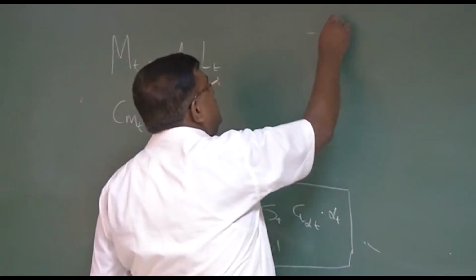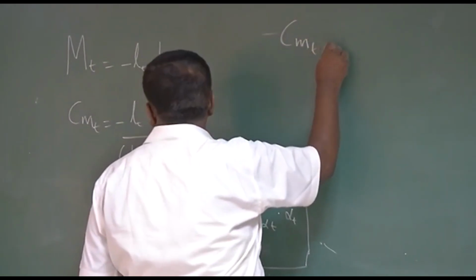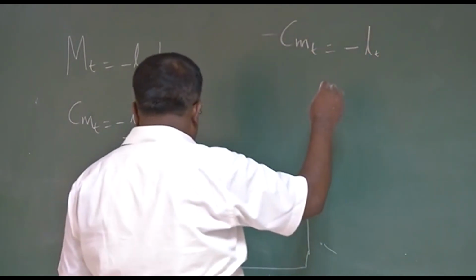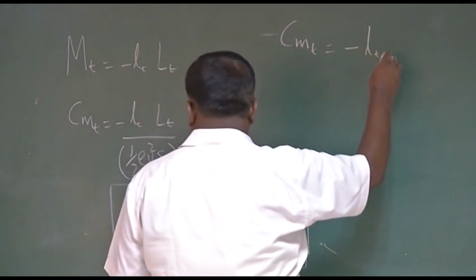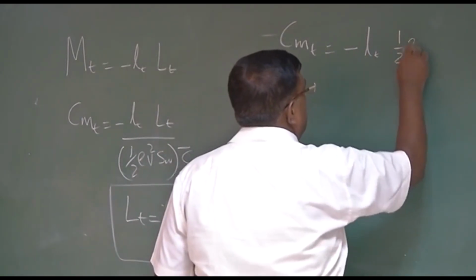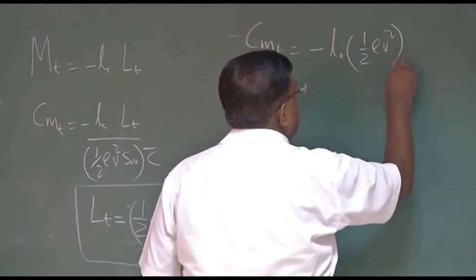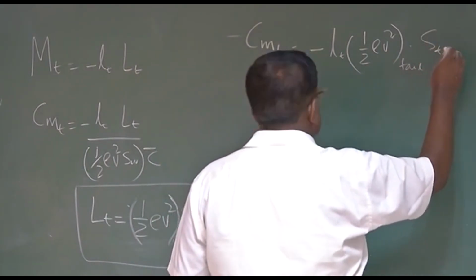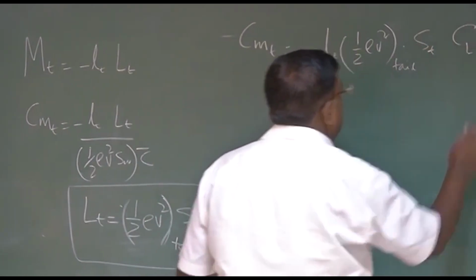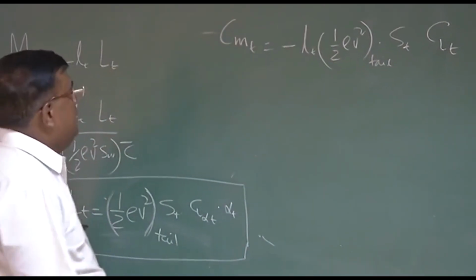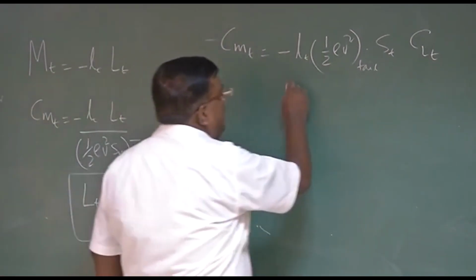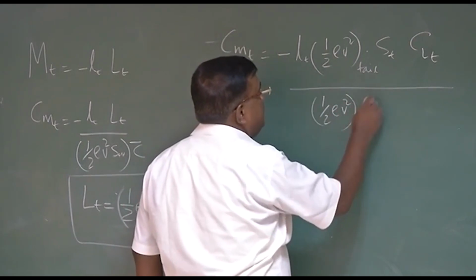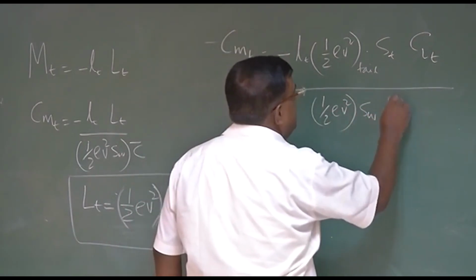So if we use this, CM tail is equal to minus LT, and for LT I write half rho v square at tail into S tail into CL alpha tail into alpha tail. This divided by half rho v square free stream SW and C bar.